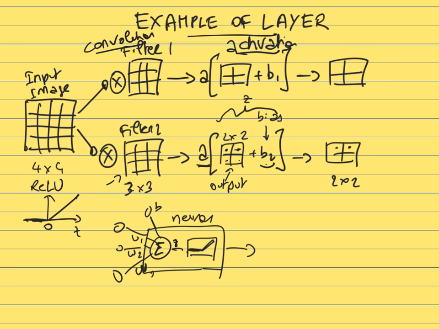And then you apply the activation function to z, and this is the output of the neuron. Here it is the same. You create z by doing the convolution operation, multiplying with some weights in the same way that you multiply with weights here.